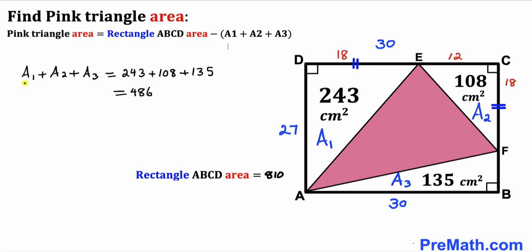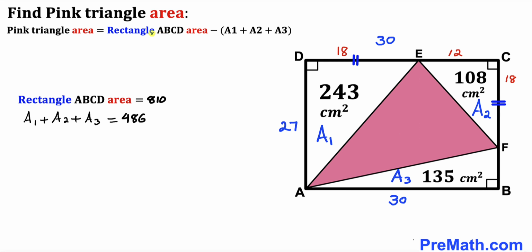And here we can see that the sum of these three areas, A sub 1, A sub 2 and A sub 3, if we add these individual areas, turns out to be 486. And now we are going to fill in the blanks. Our rectangle ABCD area is 810, and the sum of these areas is 486.